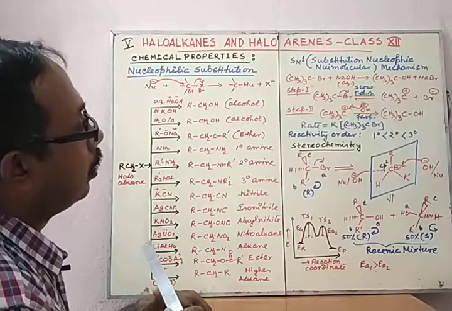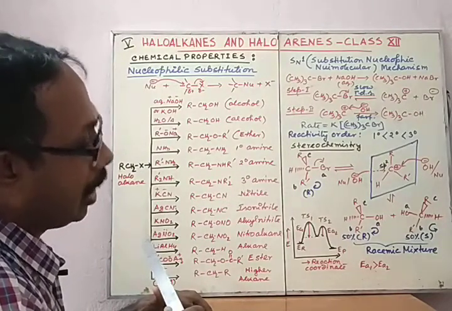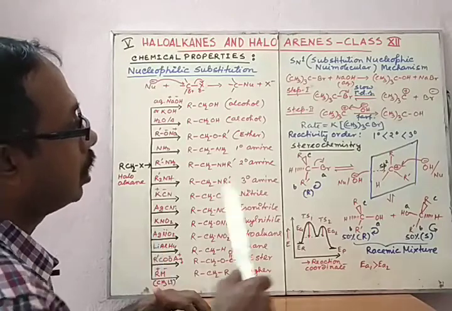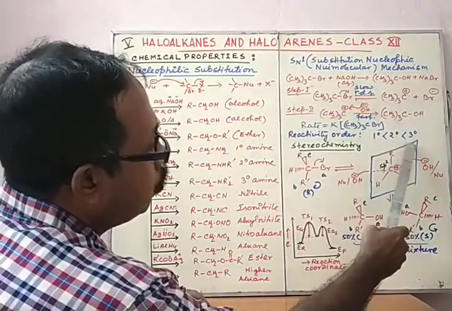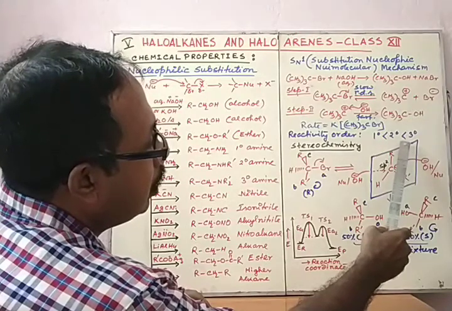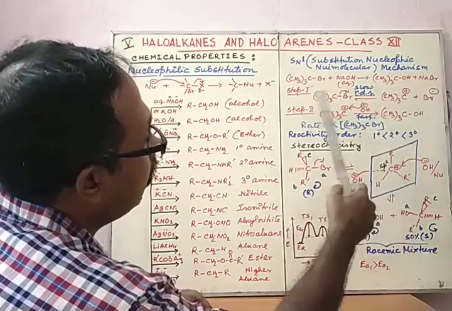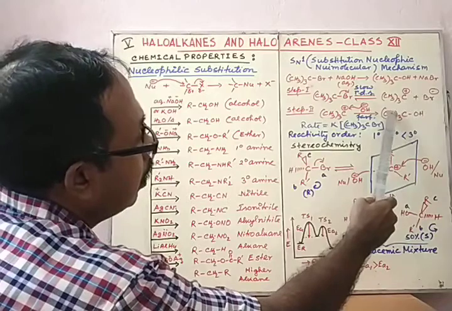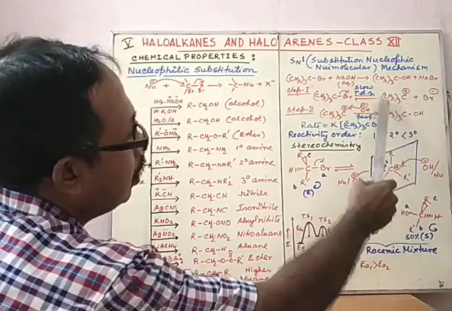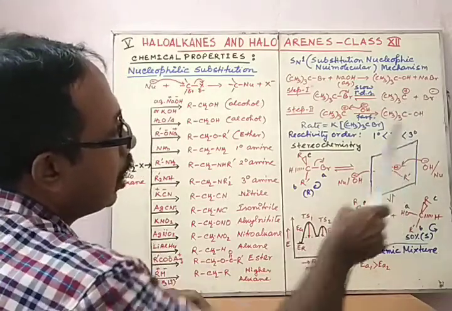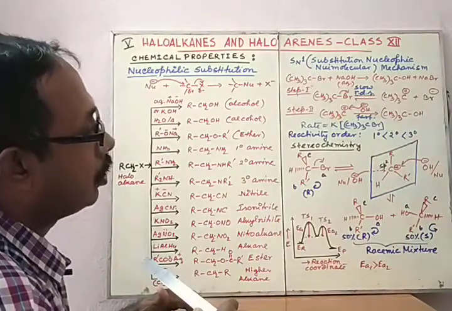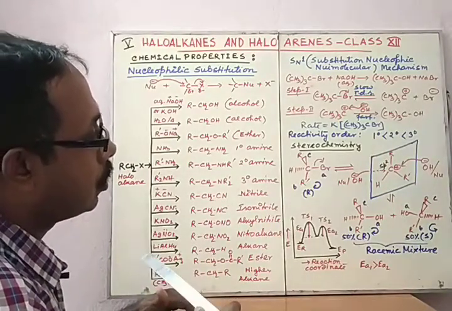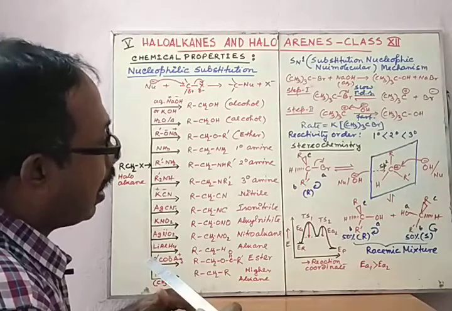Now the reactivity order of the haloalkane for this SN1 reaction is from 1 degree to 2 degree to 3 degree haloalkane. The reactivity increases because we know that in this reaction there is formation of a carbocation intermediate, and since 3 degree carbocation is the most stable, the reactivity for the 3 degree haloalkane in SN1 substitution reaction is highest.